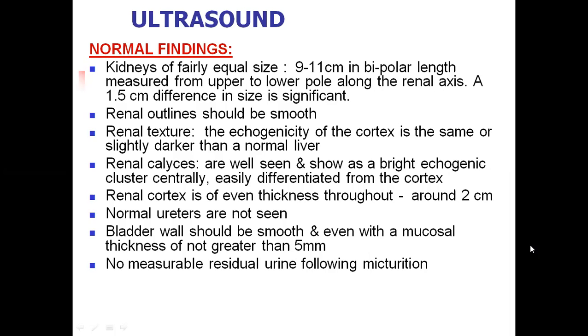Renal texture. The echogenicity of the cortex is the same or slightly darker than the echogenicity of a normal liver. Renal calyces are well seen as a bright heterogeneous cluster centrally, easily differentiated from the cortex. Renal cortex is of even thickness throughout, about 2 centimeters.